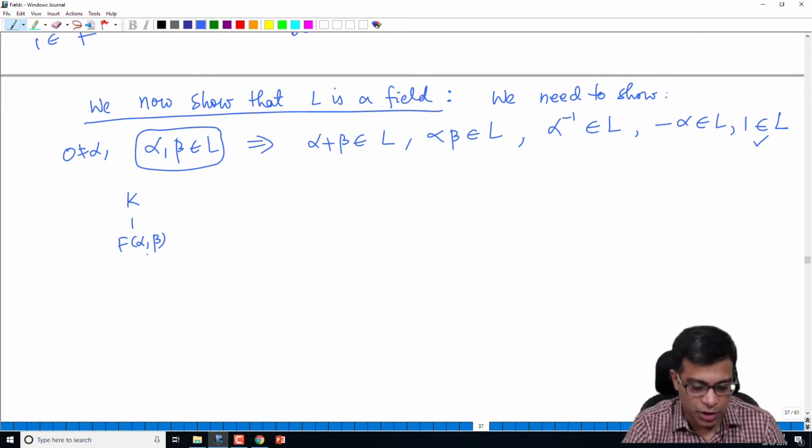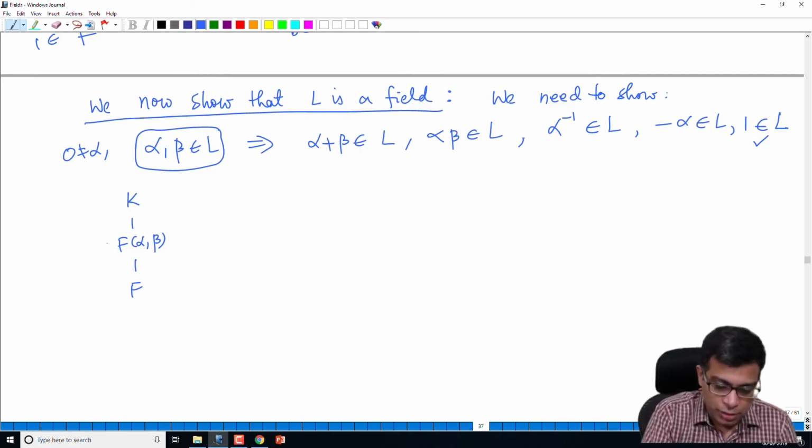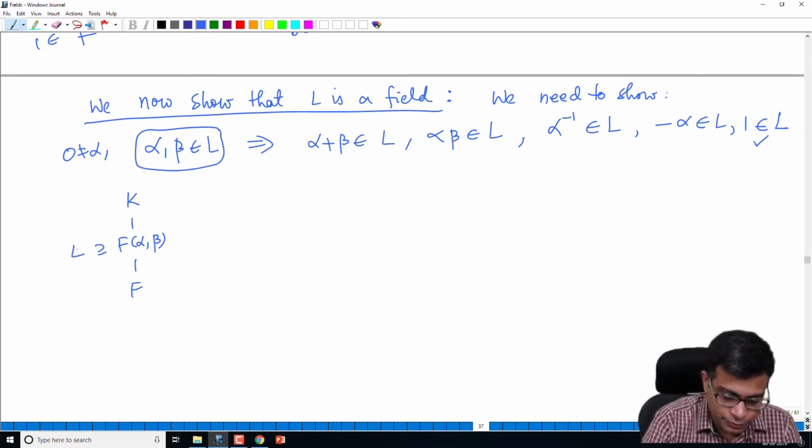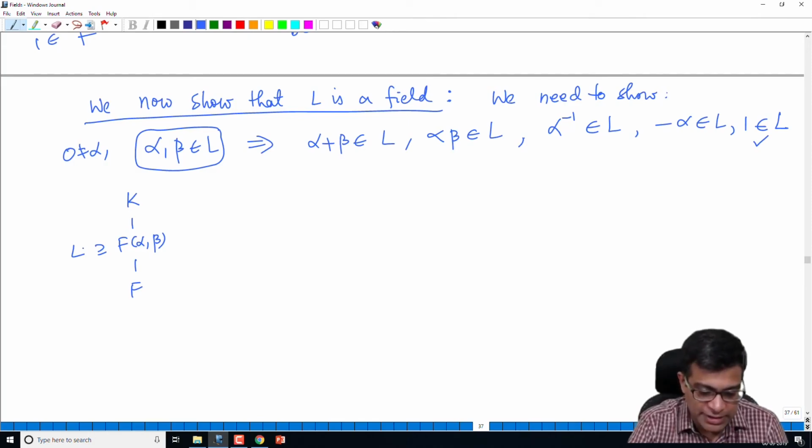We also understand F bracket two elements, because these are all ratios of polynomials in alpha and beta in two variables, where you plug in alpha and beta with coefficients in F. Of course, this whole thing is in L. That is a separate fact. L is not yet a field, but these are fields.